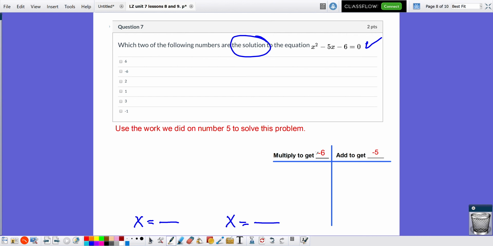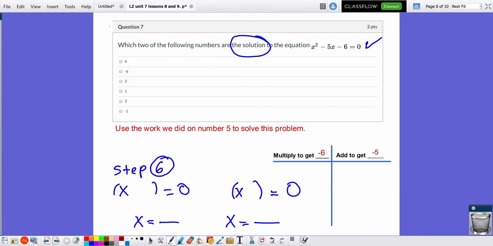But you do need to find the factors that multiply to give you negative 6 and add to give you negative 5. So at the end, you're going to set up your factors equal to 0 so you can find the answers for x. And that will be step number 6.